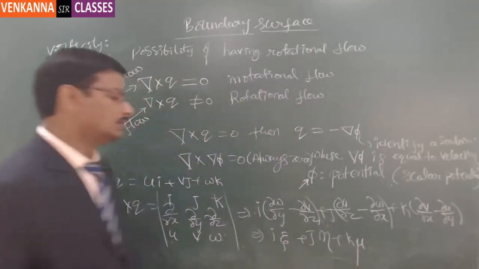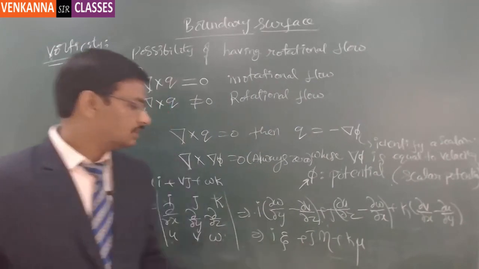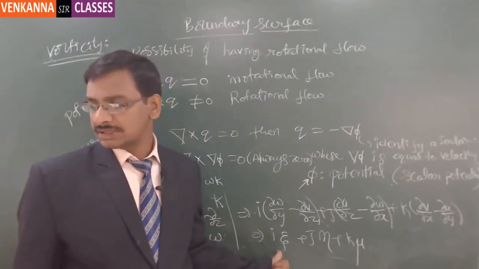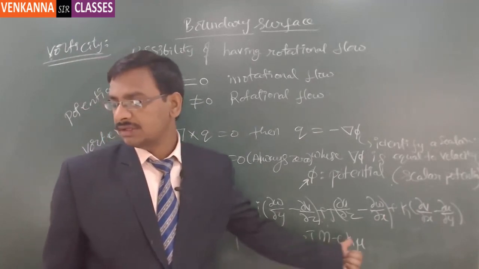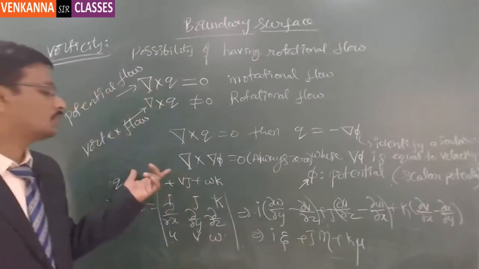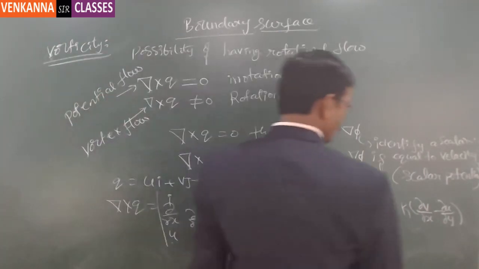This is how the vorticity components are represented: the vorticity along the x direction, along the y direction, and along the z direction. You got these from del cross q. These are called the rotational components.